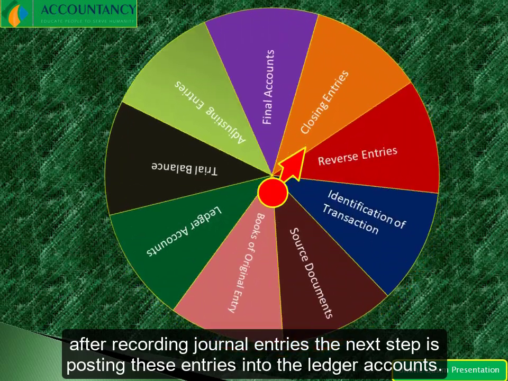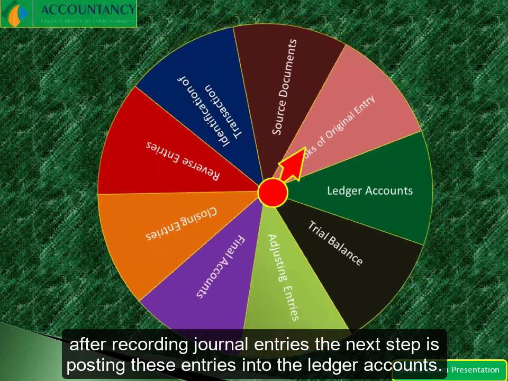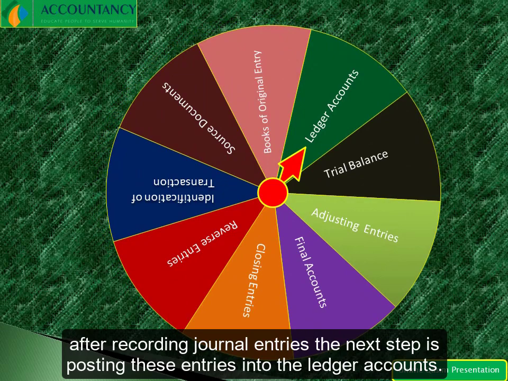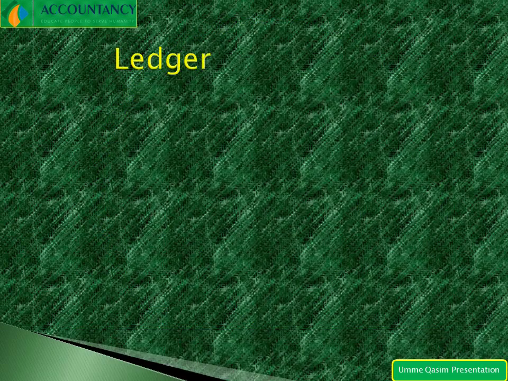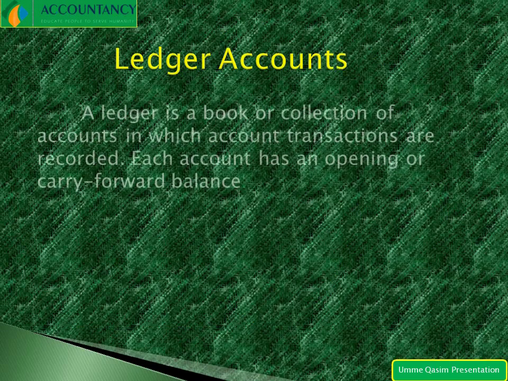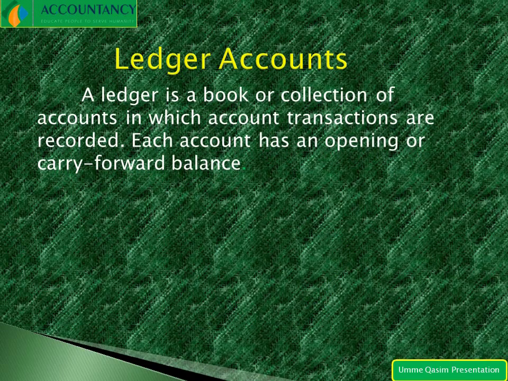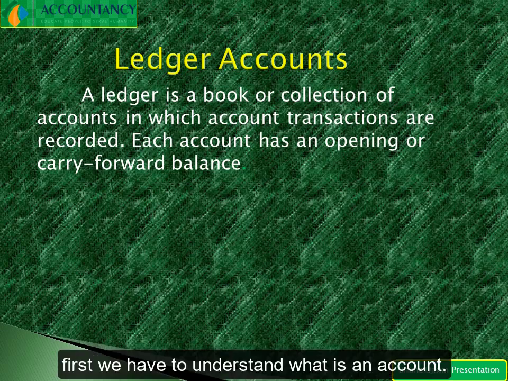After recording journal entries, the next step is posting these entries into the ledger accounts. Ledger accounts. A ledger is a book or collection of accounts in which account transactions are recorded. Each account has an opening or carried forward balance. First, we have to understand what is an account.